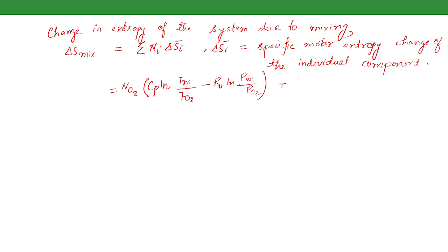And for nitrogen, N nitrogen, Cp ln Tm by T nitrogen minus R universal ln of Pm by P nitrogen. Here T nitrogen and P nitrogen are the temperature and pressure of nitrogen before mixing.